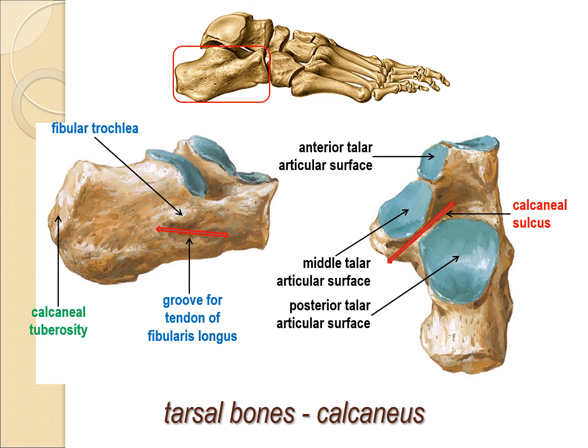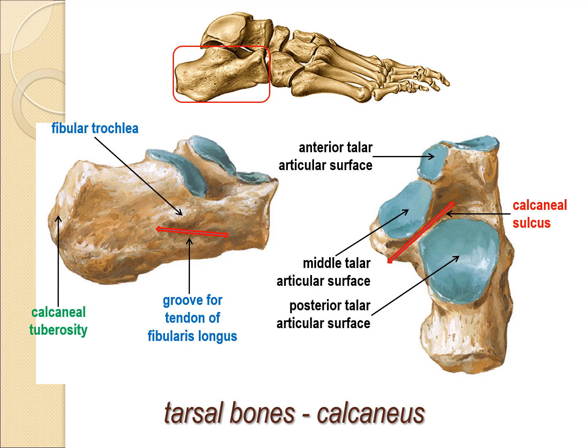At the lateral surface of calcaneus is visible small eminence, small prominence. The name of this structure is fibular trochlea. Below fibular trochlea is visible groove for tendon of fibularis longus muscle.